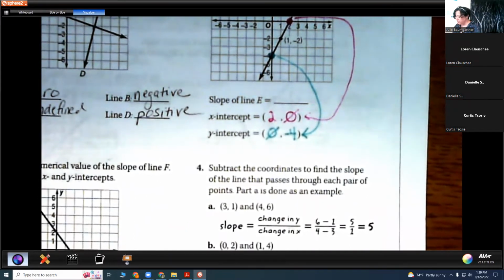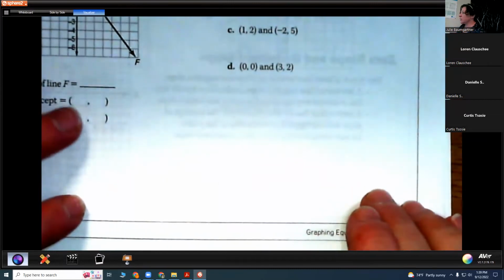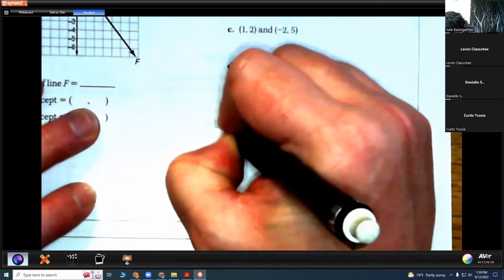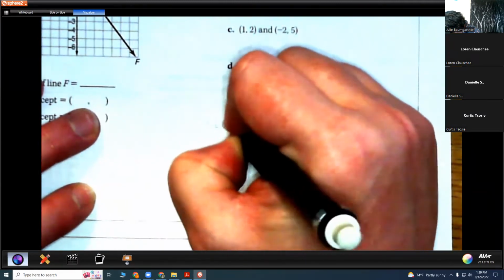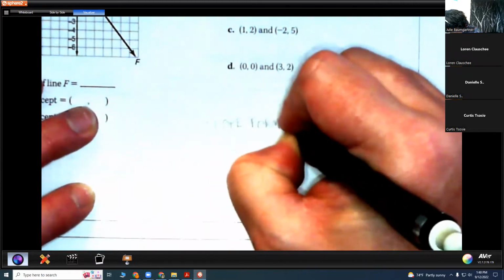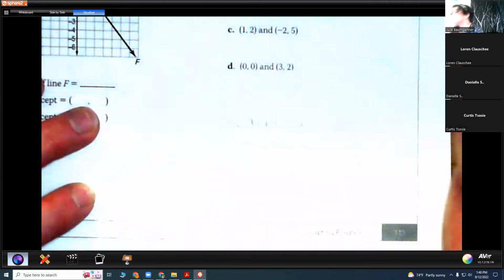When we look at it on your GED formula sheet that you'll have for your test, the formula looks like this. If you don't know 2 points on the line, you cannot do this.